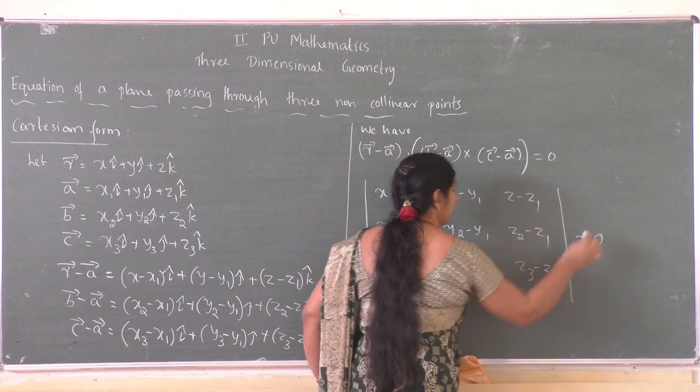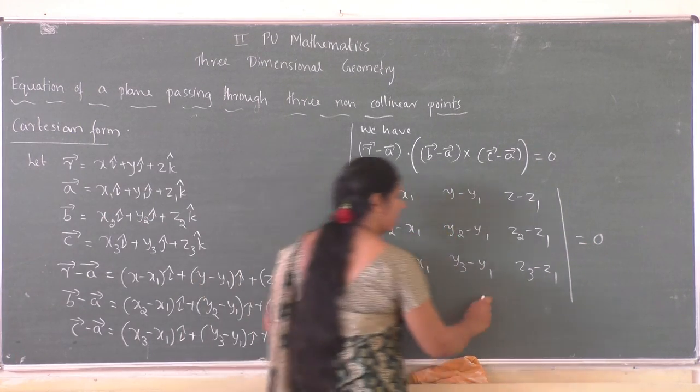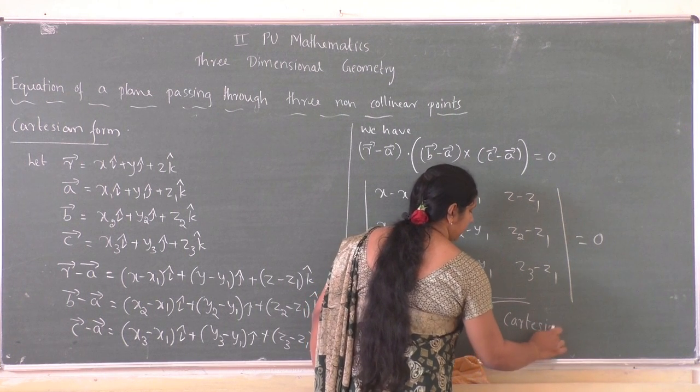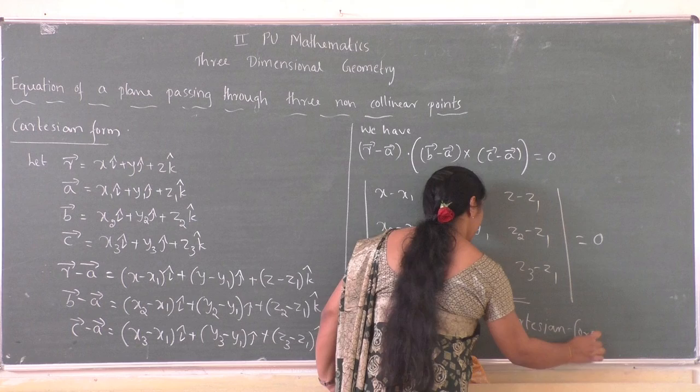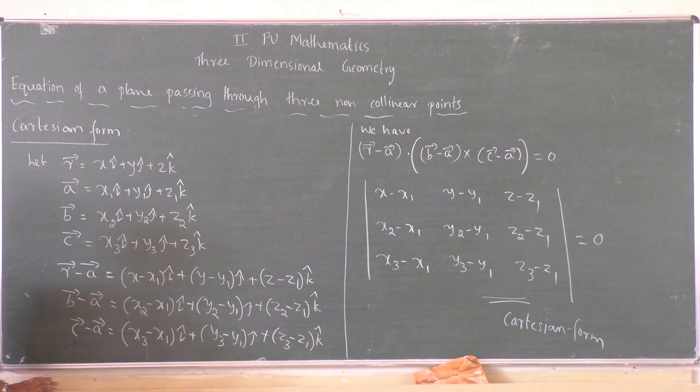So this determinant is equal to 0. This is the required Cartesian form of the equation of the plane passing through three non-collinear points.